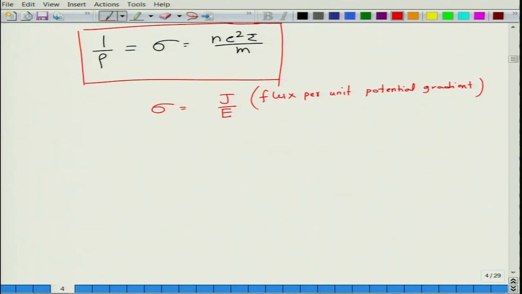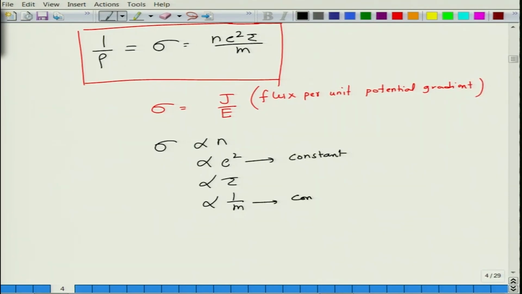Now you can see that sigma is proportional to Ne square tau divided by m. So sigma is proportional to n, it is proportional to E square, it is proportional to tau, it is inversely proportional to m. In this, E is a constant, and m is the mass of electron, me, which is a constant.